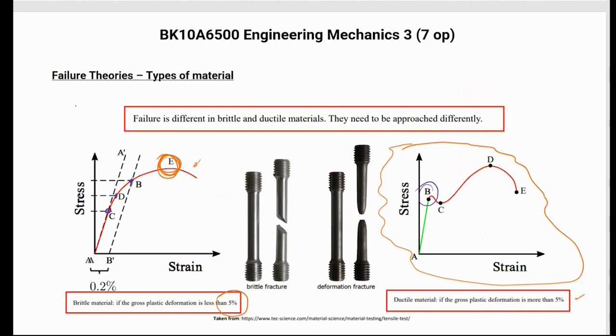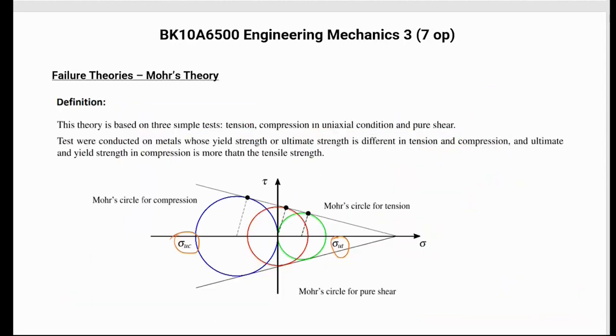So it does not consider any stresses in this area, but considers stresses here. By the way, these are the values of sigma 1, sigma 2, and sigma 3. Basically, the stress that you are producing in your element doesn't have to be larger than the ultimate stress that you have in the tensile test.